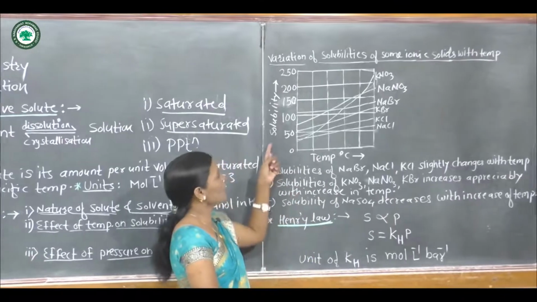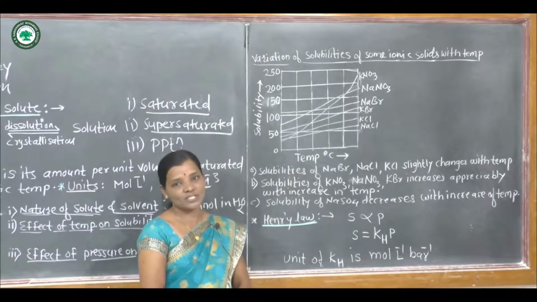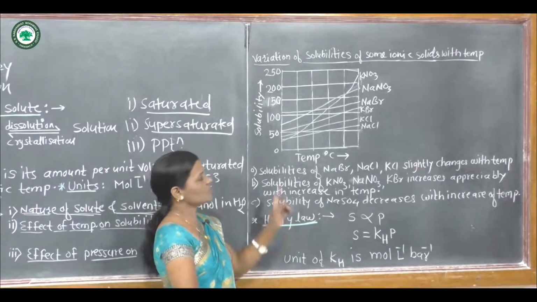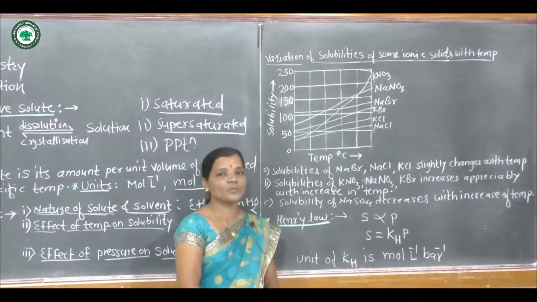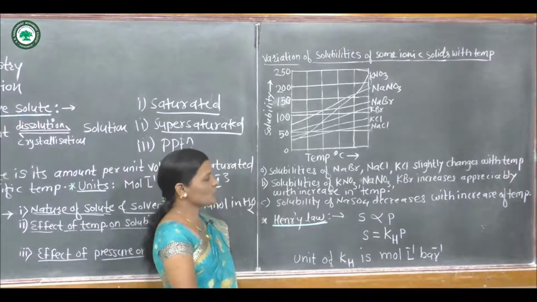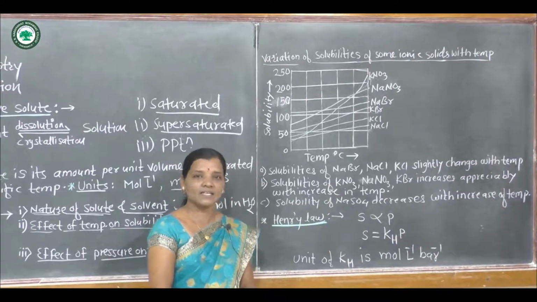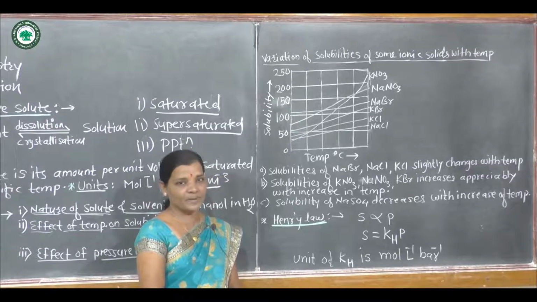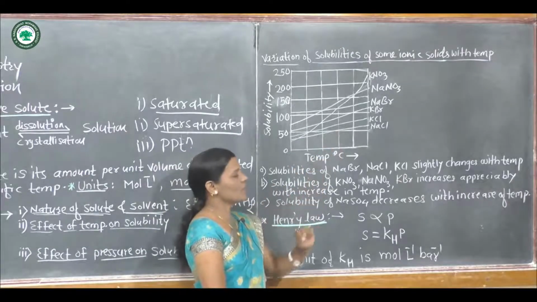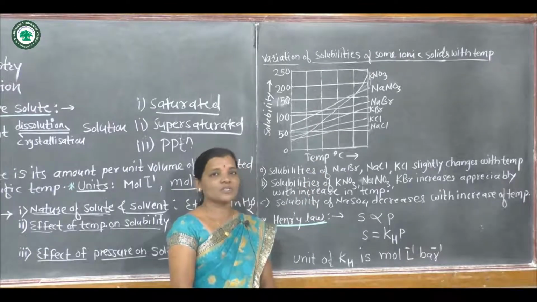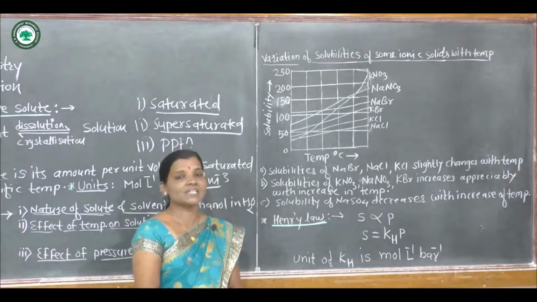Now if we plot solubility versus temperature for some ionic salts, it is observed that sodium bromide, sodium chloride and potassium chloride, their solubility in the given solvent changes slightly, or slightly increases, with increase in temperature. And if we see the next type of ionic compounds, potassium nitrate, sodium nitrate and potassium bromide, their solubilities appreciably increase with increase in temperature.